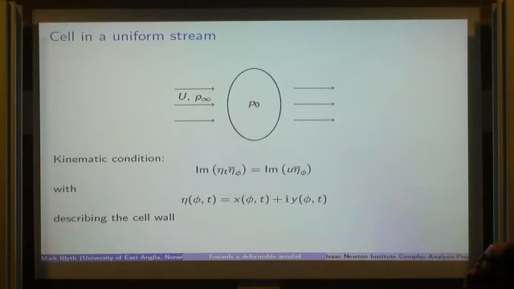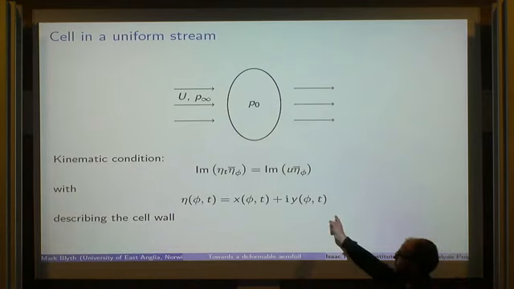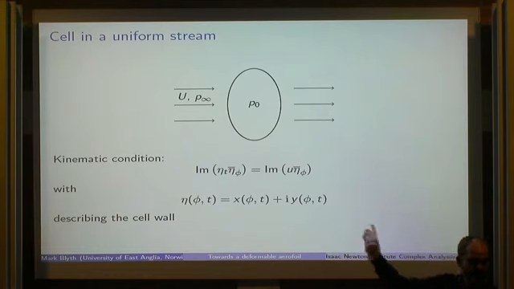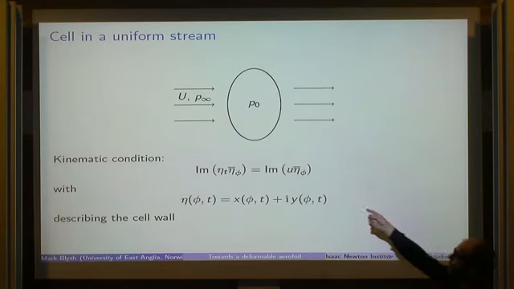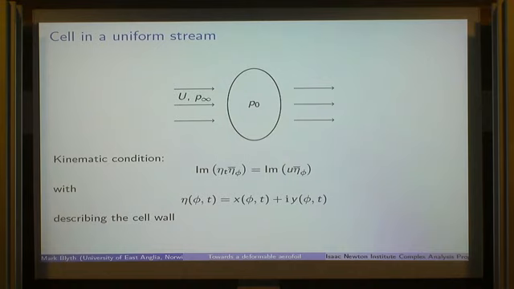We can write this in terms of complex variables, so now there's a slight shift of notation. Instead of eta being a vector, I'm going to represent it as a complex number whose real part is x and whose imaginary part is y. Then I can rewrite my kinematic condition like this instead of the one from the previous slide. It's equivalent to those two dot products on either side of the previous slide. And phi here is just some parameter that parametrizes the boundary.